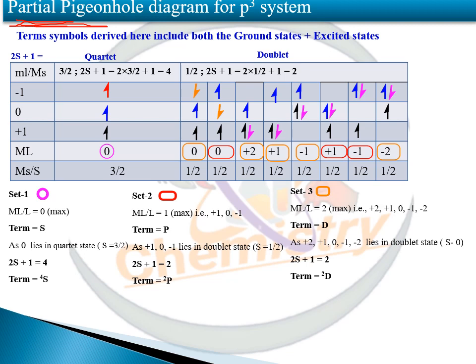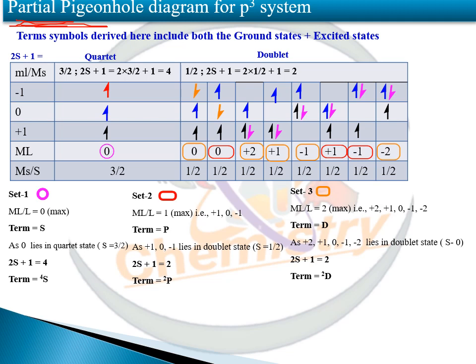Here the MS value is 3 by 2, so the spin multiplicity will be quartet. Here the MS value is 1 by 2, so it's 2S plus 1, and the spin multiplicity will be doublet. The ml value you can just calculate as plus 1, 0, minus 1, 0. You can calculate the rest of these ml values.